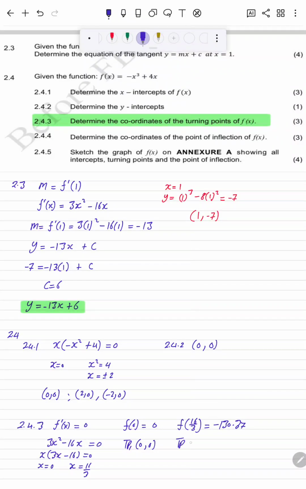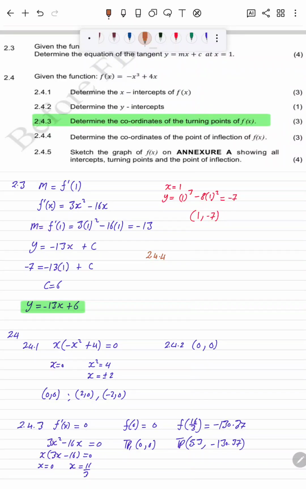So it means that turning point number 2 is at 16 divided by 3, which is 5,3, and then negative 130,37.